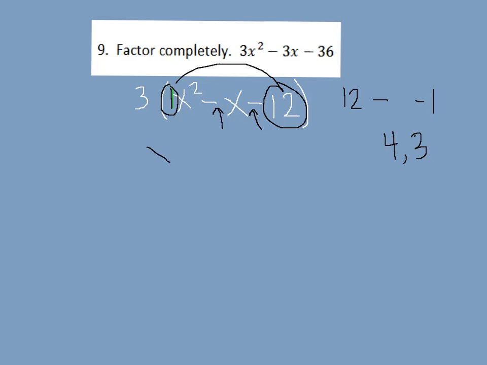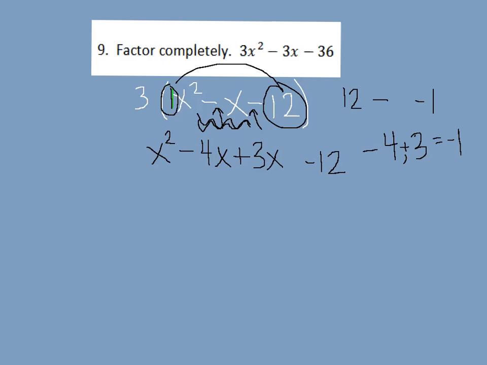I'm going to bring down my x squared. I'm going to bring down my minus 12. And I'm going to take this minus x, and I'm going to split it up into minus 4x plus 3x. My 4 has to be negative. That's how I get my -1. So if I have -4 plus 3, that gives me -1.